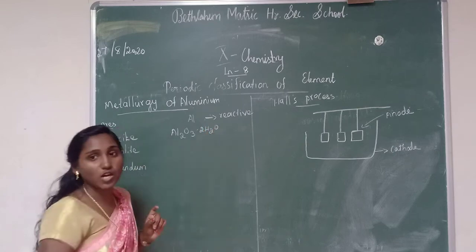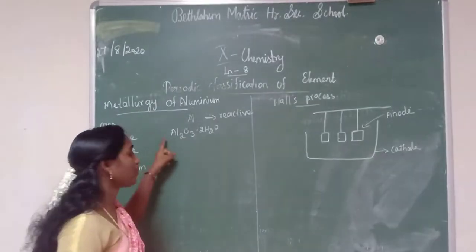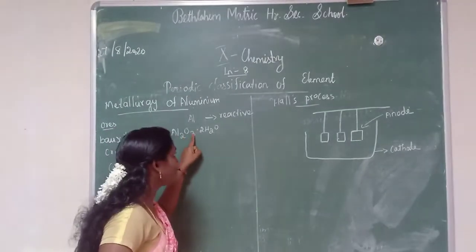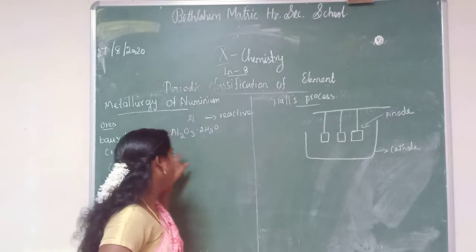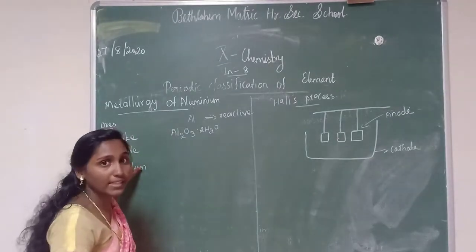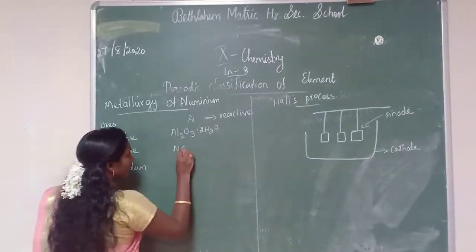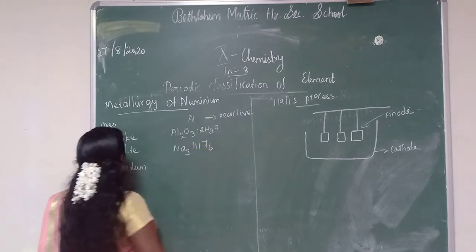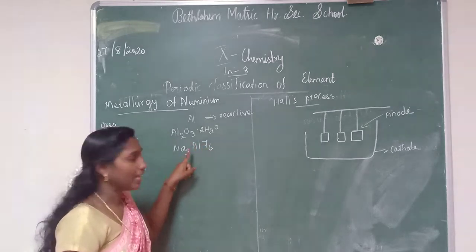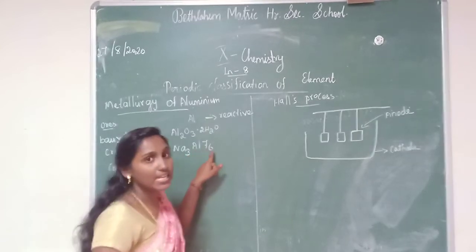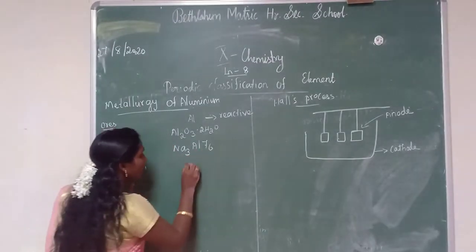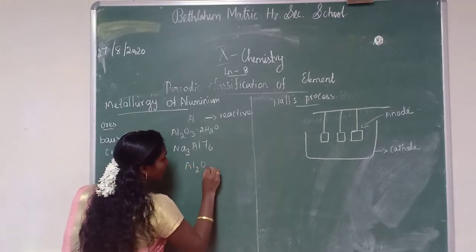Maybe in one more question also they will ask, what is the formula of bauxite? Al2O3 2H2O. Then formula of cryolite is Na3Al(F6). Then corundum formula is Al2O3.